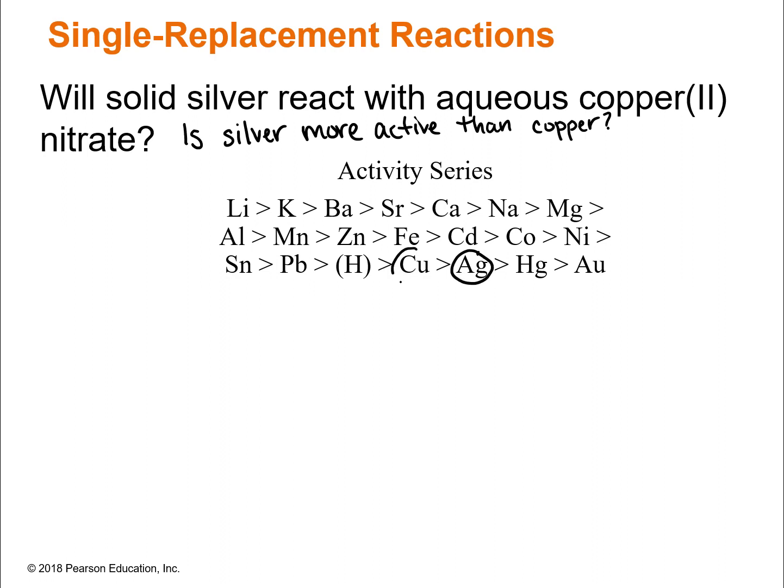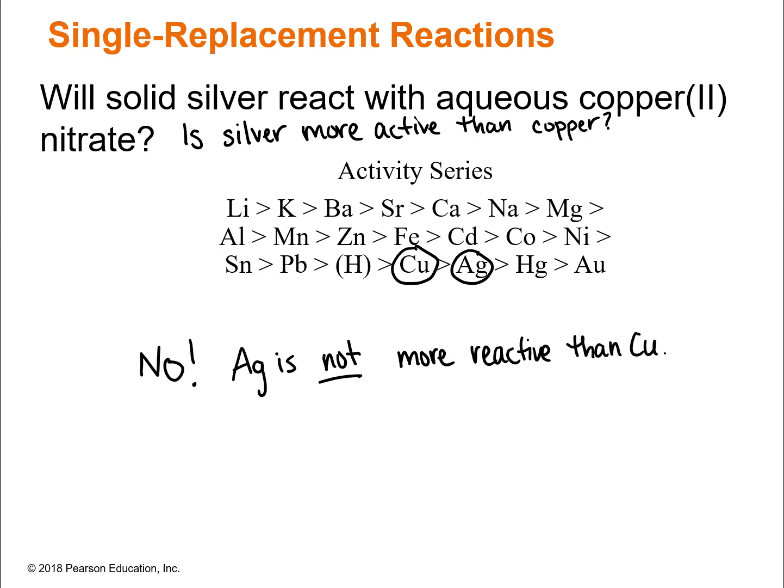Here's silver, here's copper. Copper comes first, which means no, silver is not more active than copper. So it will not react with aqueous copper 2 nitrate. There's our answer.